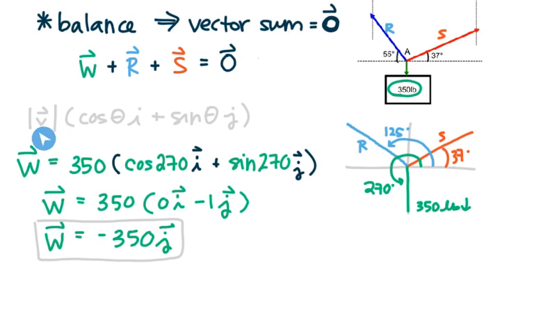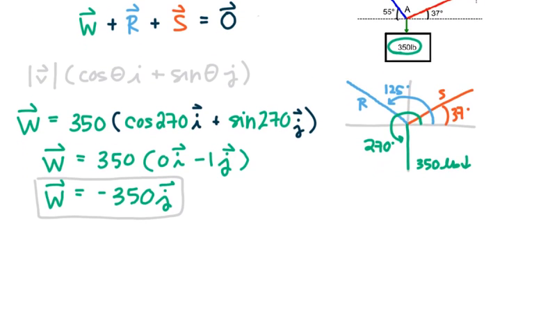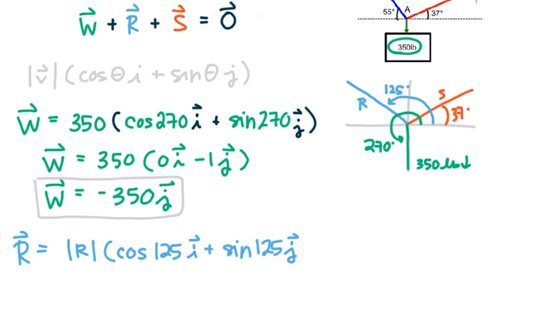And when we think about the magnitude of the R and S vectors, those are unknown, okay? So let's try and set this up. How would I write R? R is going to be the magnitude of that vector R, which is just R, and we'll say cosine of 125 i plus sine of 125 j.